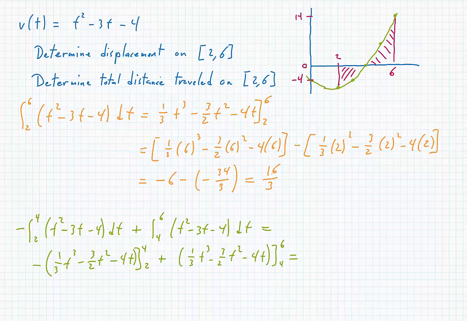Make sure I've typed that in correctly. That looks good. So I'm going to get the opposite of a negative 56/3 minus 1/3 times 2 to the third. And we've already done this part previously, so I don't need to retype this into the calculator. We got negative 34/3, so we're going to subtract a negative 34/3 here.